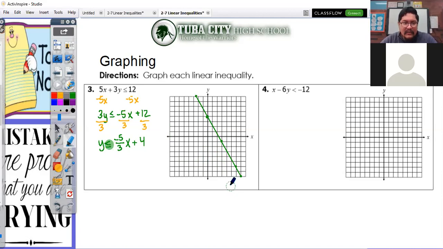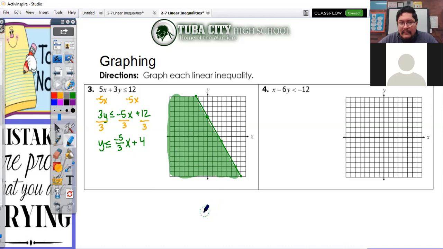In this case it is away from the y. So that means we go away from this side. We don't want to touch this y on top, so I'm going to have to shade the other side. There you go. We shaded the side away from the y on the top of the graph.